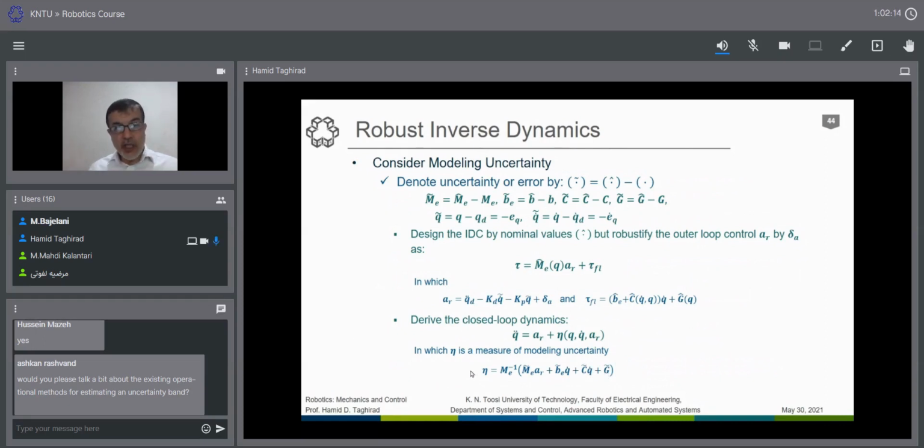Just for now, consider just the gravity matrix. This is for Ashkan, because I know why he's asking this. It's required in his thesis.